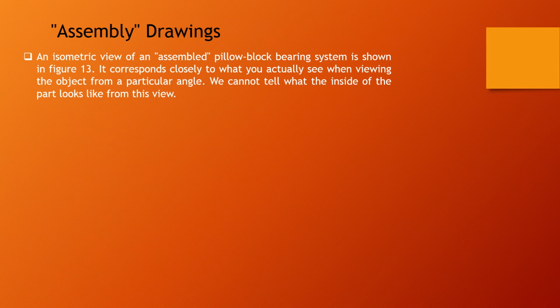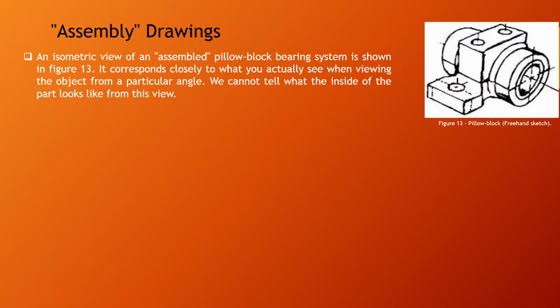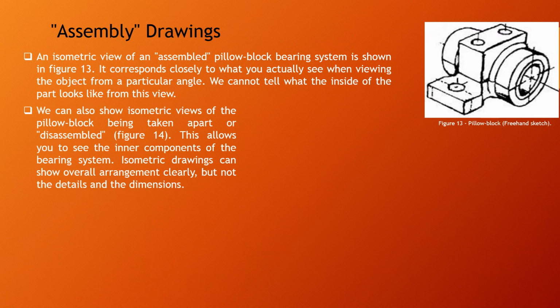Okay, assembly drawings. An isometric view of an assembled pillow block bearing system is shown in figure 13. It corresponds closely to what you actually see when viewing the object from a particular angle. We cannot tell what the inside of the part looks like from this view in figure 13.